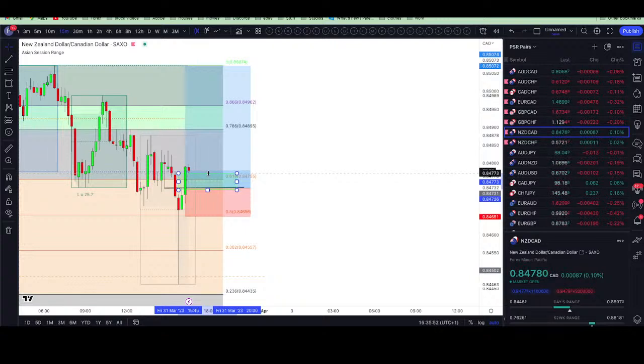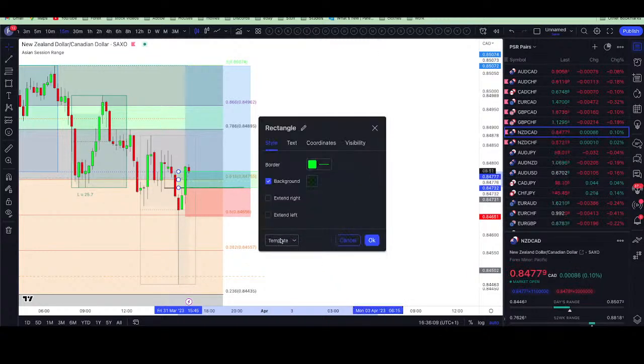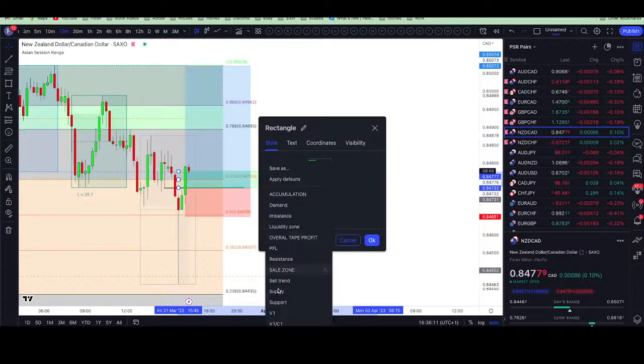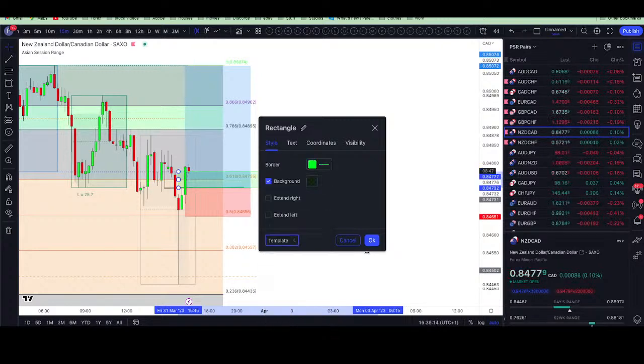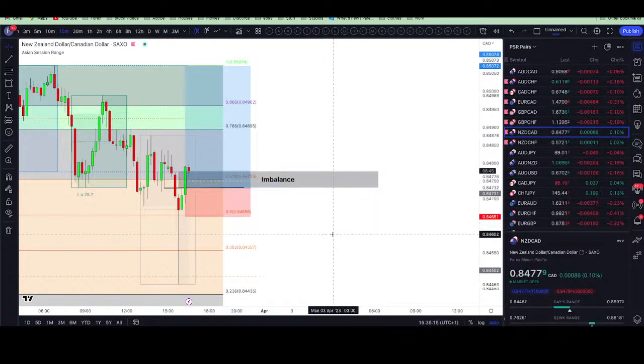The candle opened there. So you need to see if they respect this imbalance from this candle's wick to where this candle opened. So an imbalance also can act as a supply or demand as well for people. I'm not sure. So it could just ricochet off that and keep buying.